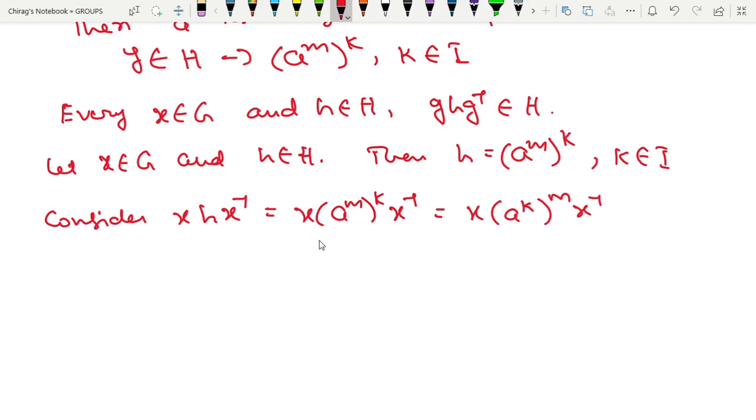Now this can be written as (x a^k x inverse)^m.